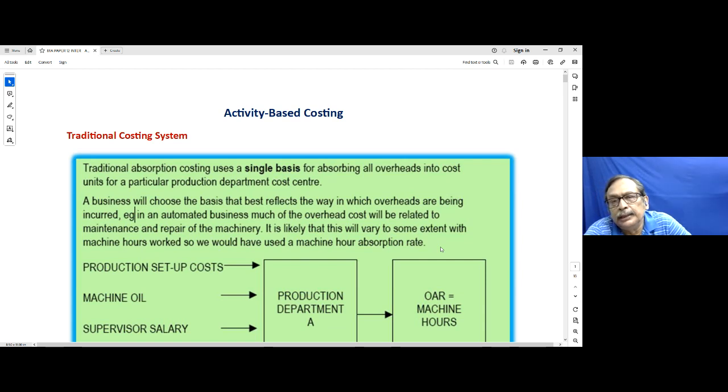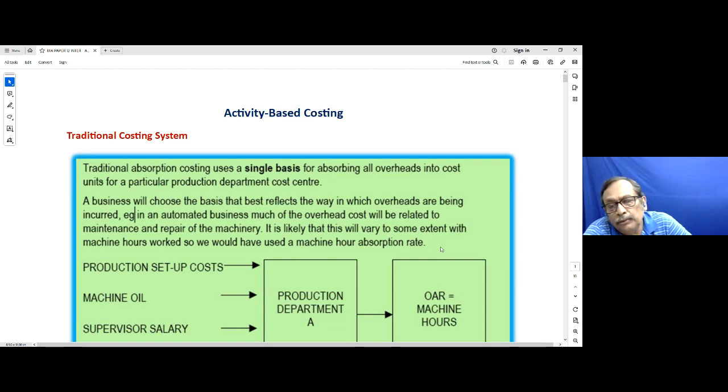So management accounting has great importance in the context of competition, calculation of cost, cost reduction and cost control.